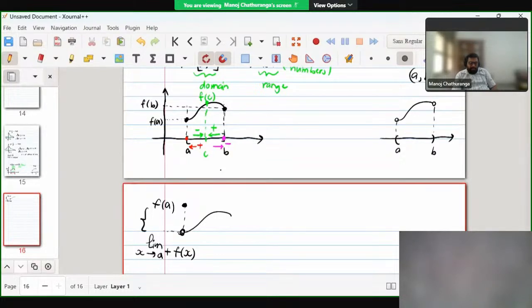The graph is unbroken in the middle. Therefore, it will be continuous everywhere except at a. At a, it is not right continuous.